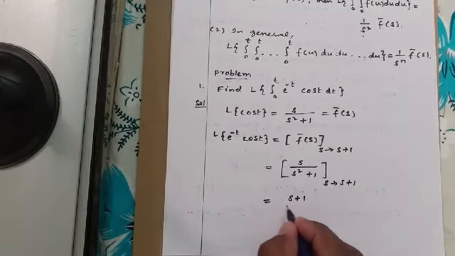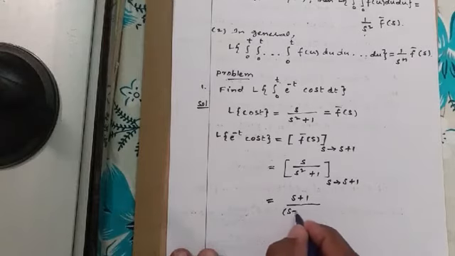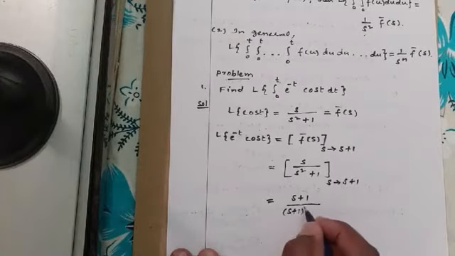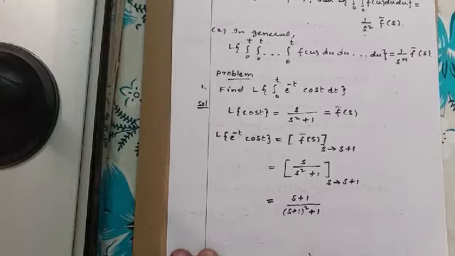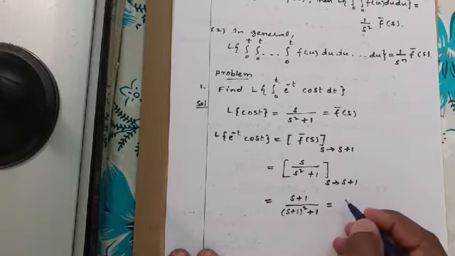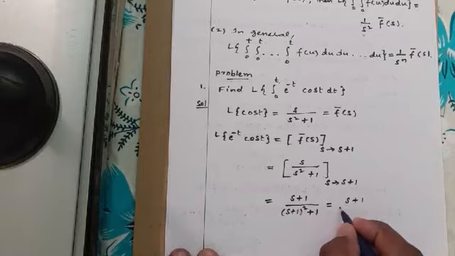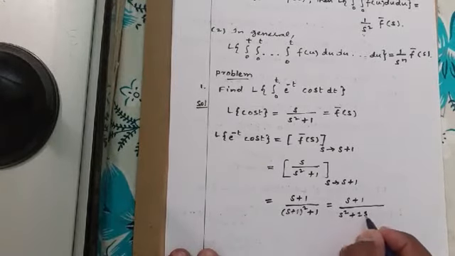So you write s plus 1 upon s plus 1 whole square plus 1. Now when you simplify this, this becomes s plus 1 upon s square plus 2s plus 2.